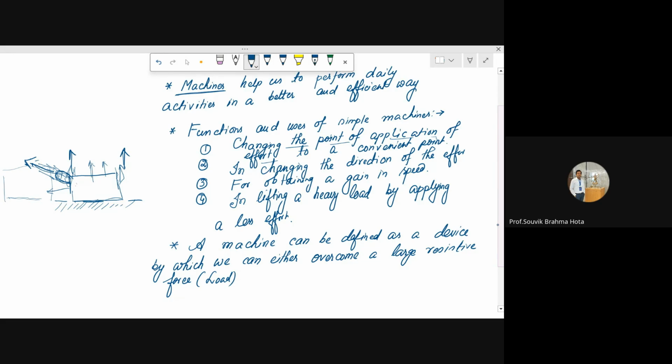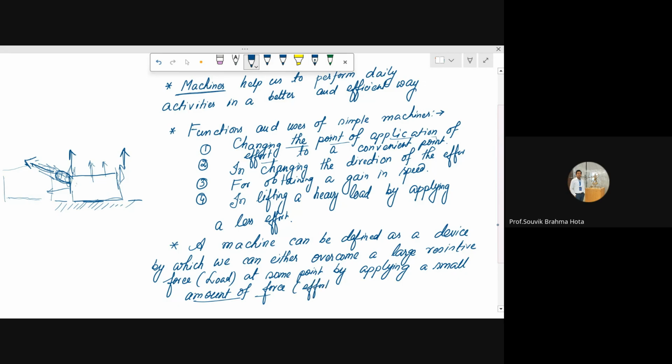At some point, by applying a small amount of force. That means this small amount of force you are applying is the effort.